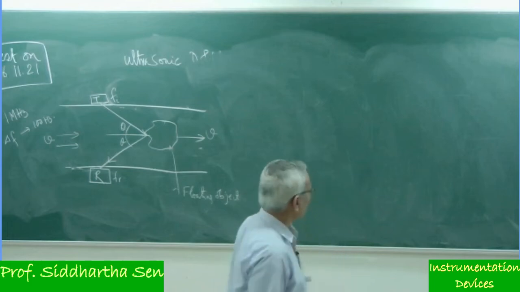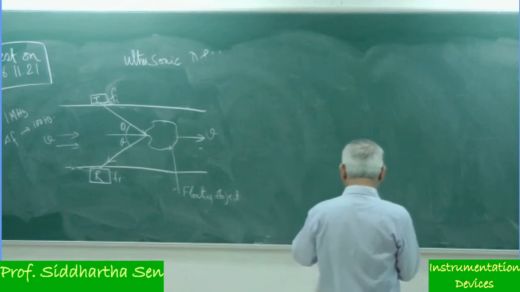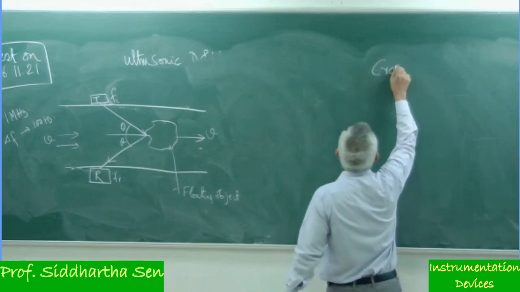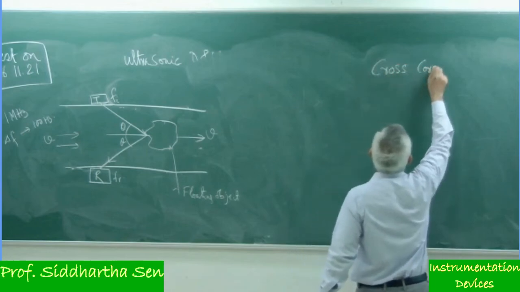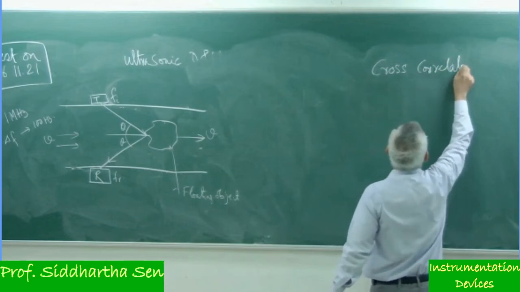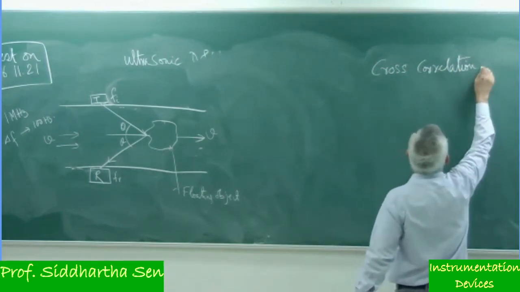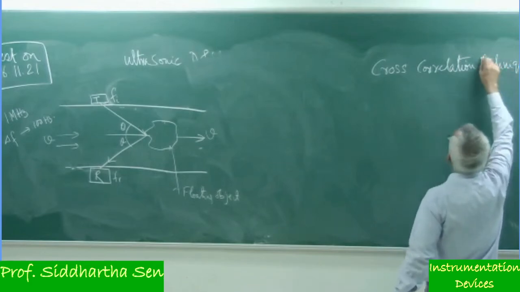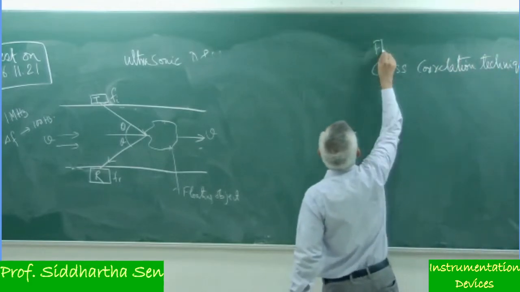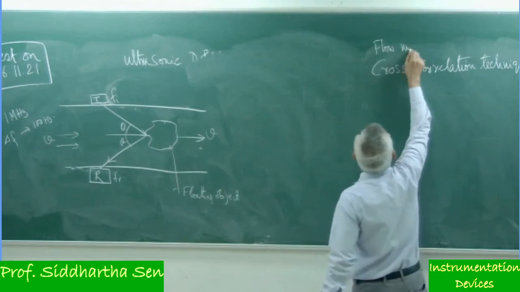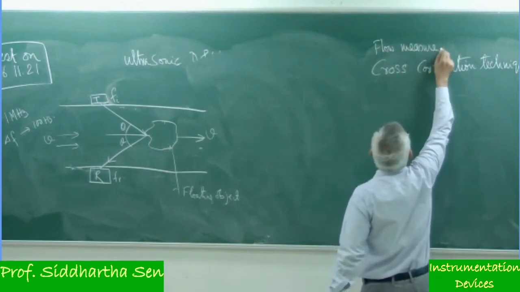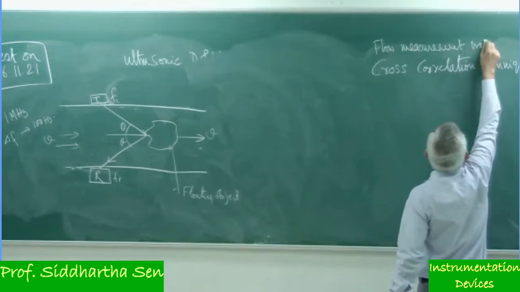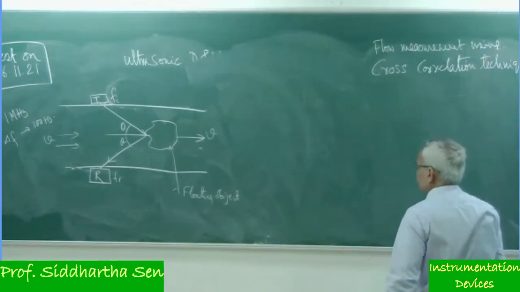One example of this is the cross correlation technique. So we can say flow measurement using the cross correlation technique.